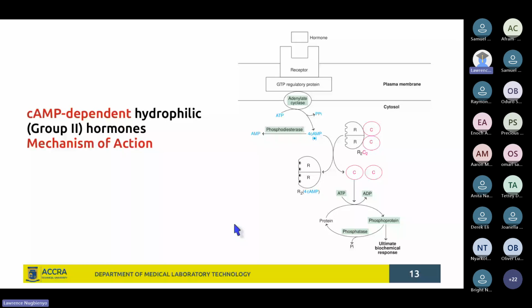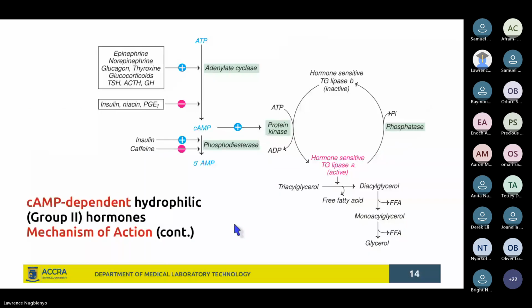Right. Now, apart from the example we've looked at, where we just talked about a hormone binding and having such an activity, we can look at it more specifically. We see epinephrine, norepinephrine, glucagon, tyrosine, glucocorticoids, thyroid-stimulating hormone, adrenocorticotropin hormone, and growth hormone.